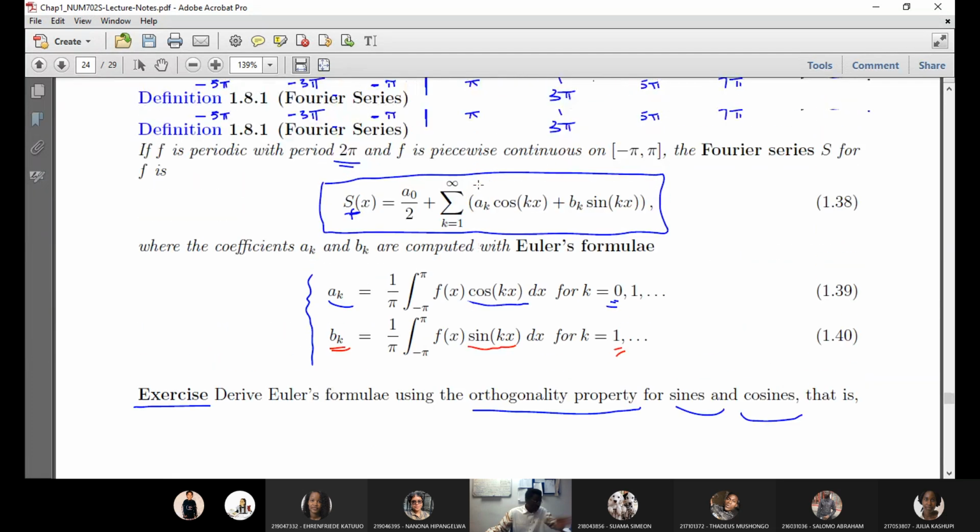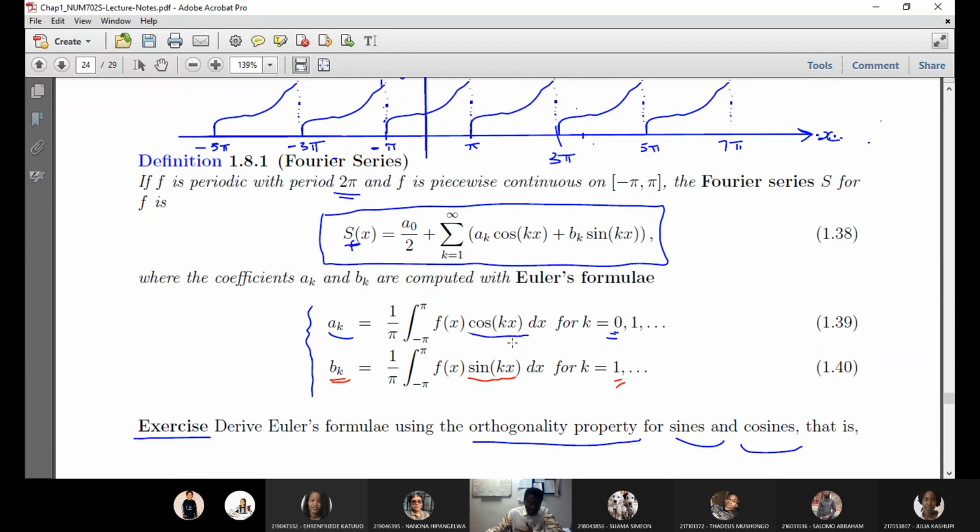Therefore, our orthogonality property will be in terms of an integral, not in terms of summation. Summation is when you have a finite set of data points, but an integral is when we have continuous data points. So this is the orthogonality property that we are given here.